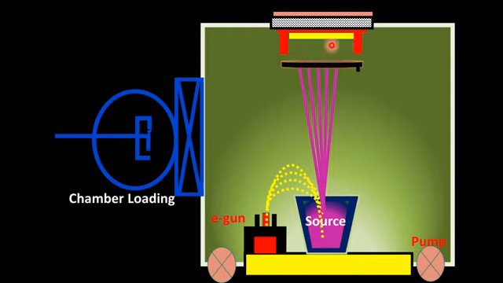If the substrate is static, there is a possibility that the source material is deposited in a different way, in a gradient fashion, at different places. So to get a more uniform thin film, the substrate is rotated, and this way we can get highly uniform thin films. The heaters used in MBE systems are connected with a water cooling system, which cools the substrate if it is heated too much.